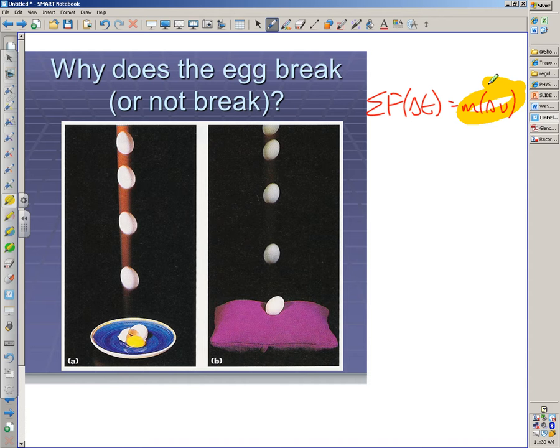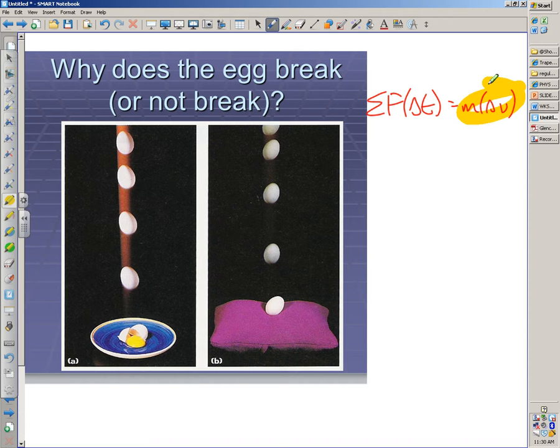That leaves us with what kind of relationship between force and time? If the right-hand side of this equation is the same, force and time will have an inverse relationship.